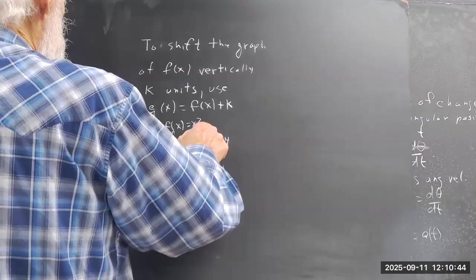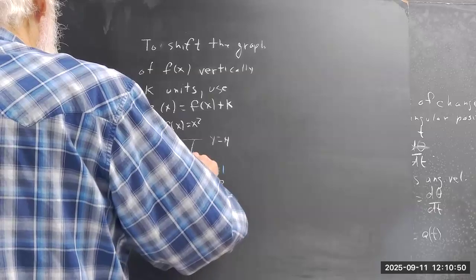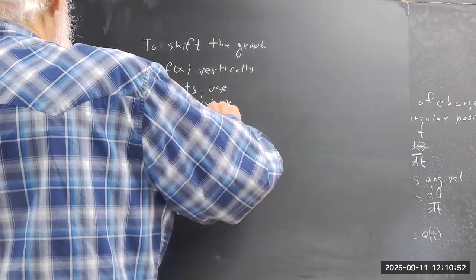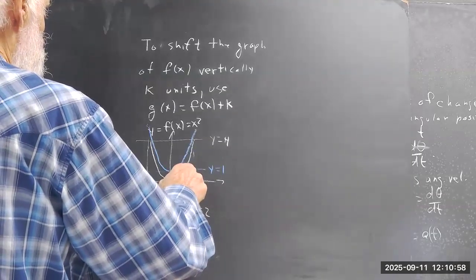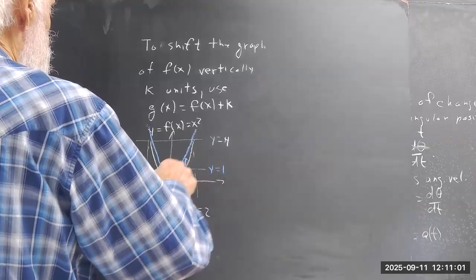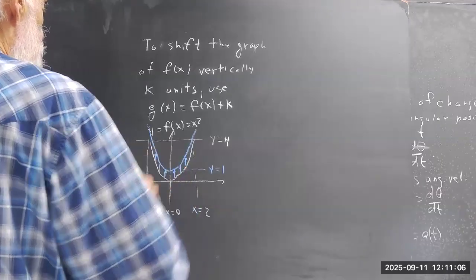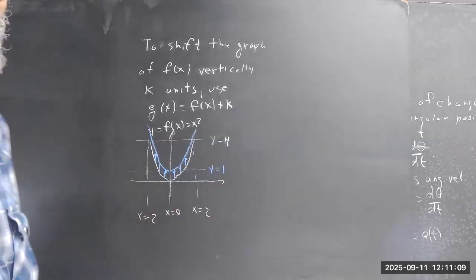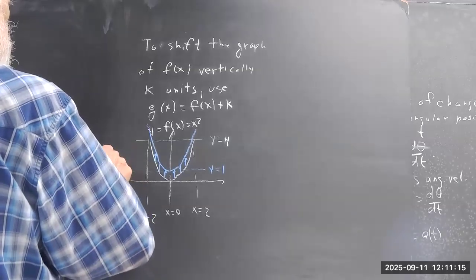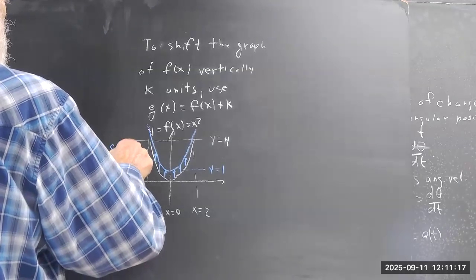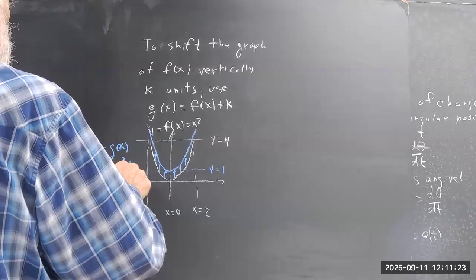And I go up 1 unit here and 1 unit here, and I can sketch a graph. Every point on the blue graph is 1 unit higher than the corresponding point on the white graph. And there's your one function.